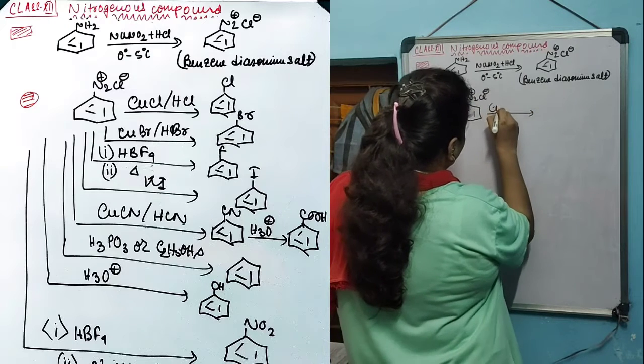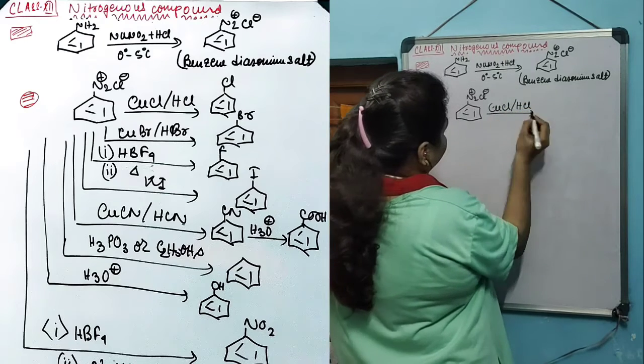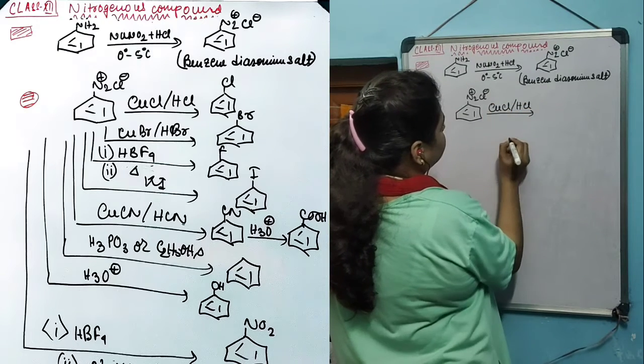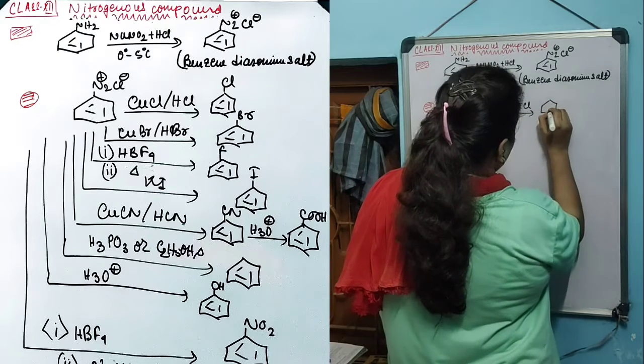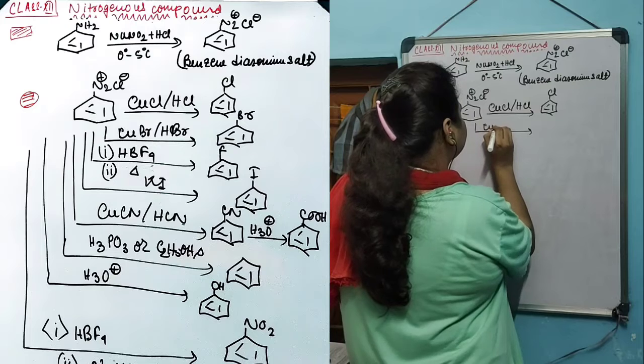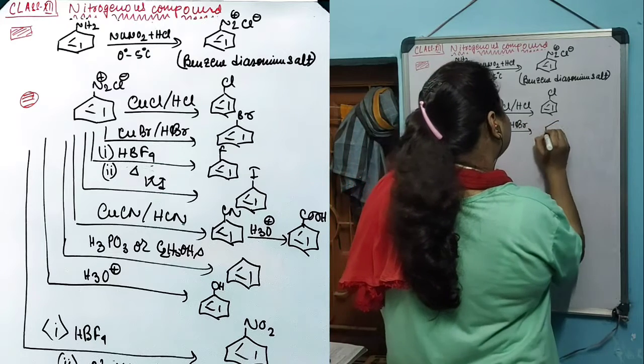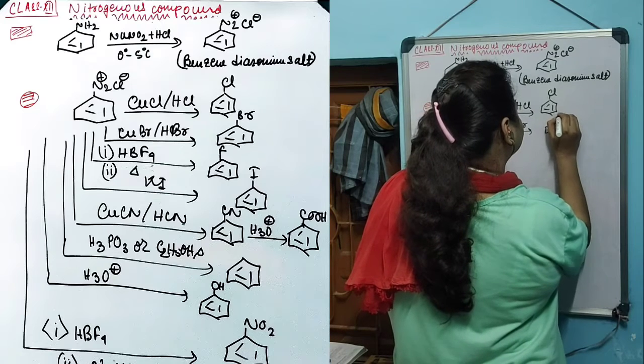When benzene diazonium salt reacts with CuCl, HCl, chlorobenzene is formed. When treated with CuBr, HBr, bromobenzene is formed.